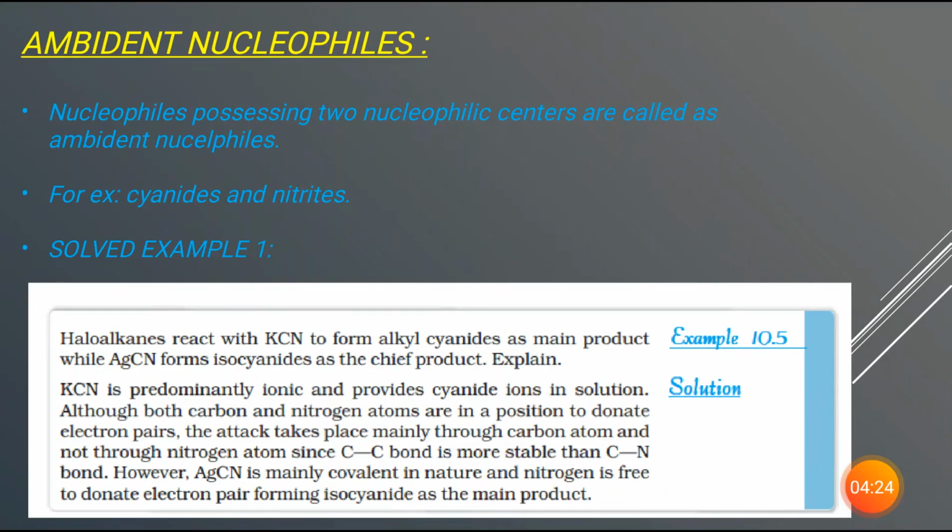Nitrogen donates electrons. So whenever the nucleophilic attack takes place through nitrogen, it is called isocyanide, or we say nitroalkanes. If the nucleophilic attack takes place through carbon, it is called cyanide, but if it takes place through nitrogen, it is called isocyanide or nitroalkanes.